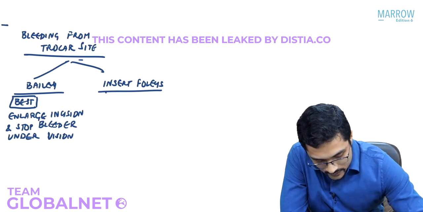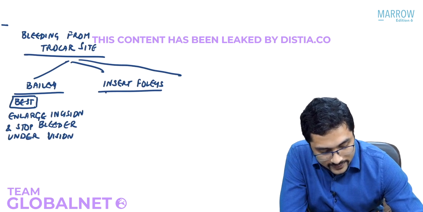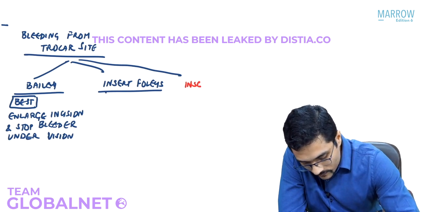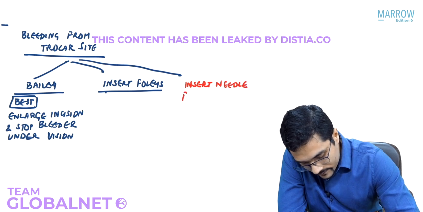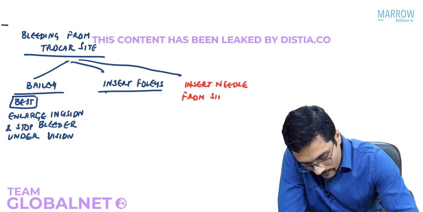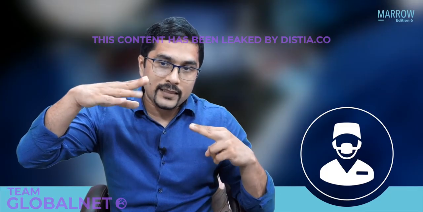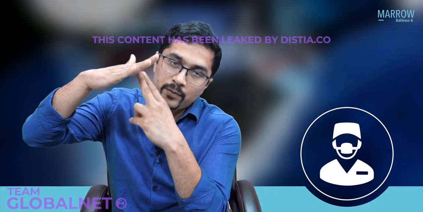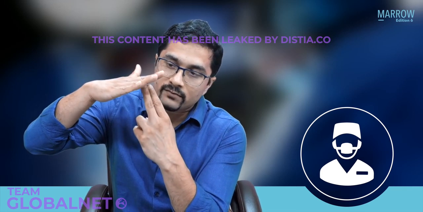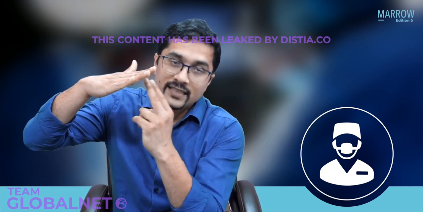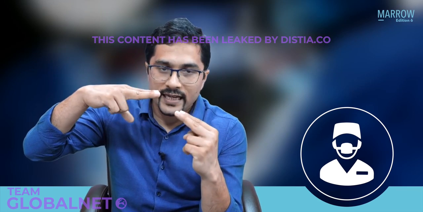And another method which has been described is to insert needles from the side and hitch them up. I already have my camera inside. I can see that there is bleeding happening from the trocar site. We remove the trocar, we can see bleeding from the trocar site.